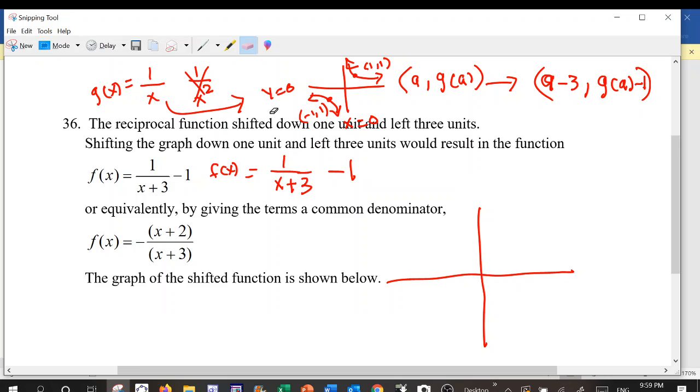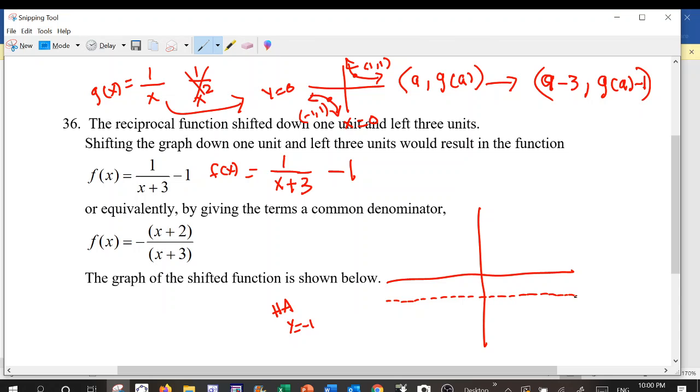First of all, where does y equals 0 go? Which is the horizontal asymptote. Well, we have to subtract 1 from y. It doesn't have x, so it's just y. What's 0 minus 1? Y equals negative 1. So y equals negative 1 becomes the horizontal asymptote of this. So let's see.